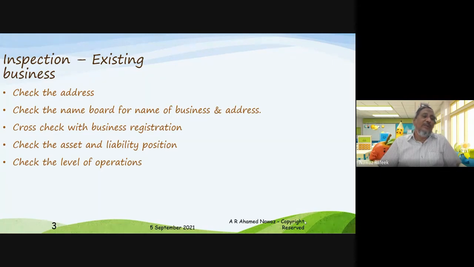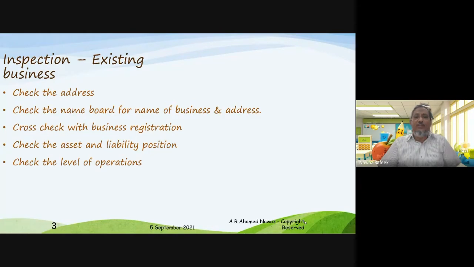Sometimes you may find that a company's registered address is different from the business address. A different place is registered for the office, but the business is somewhere else. So check this before you go, to know where you have to visit.